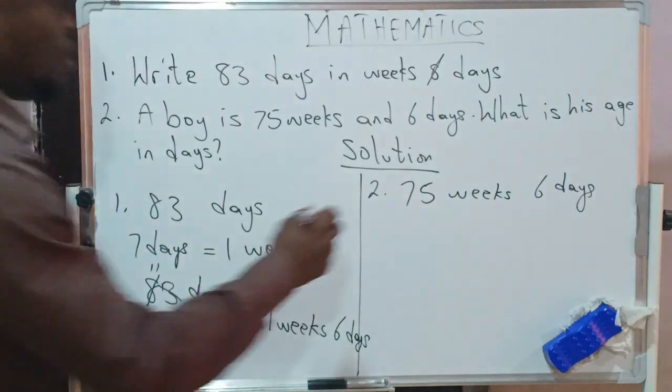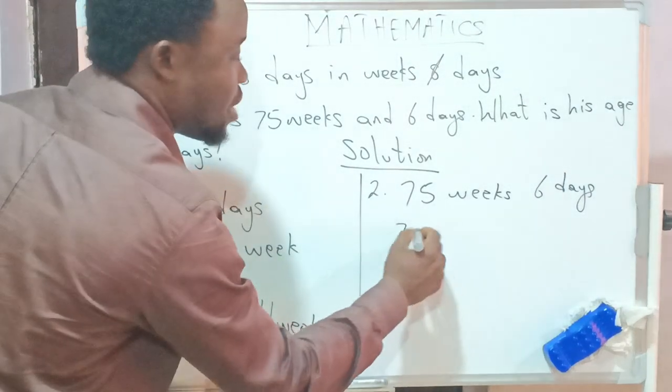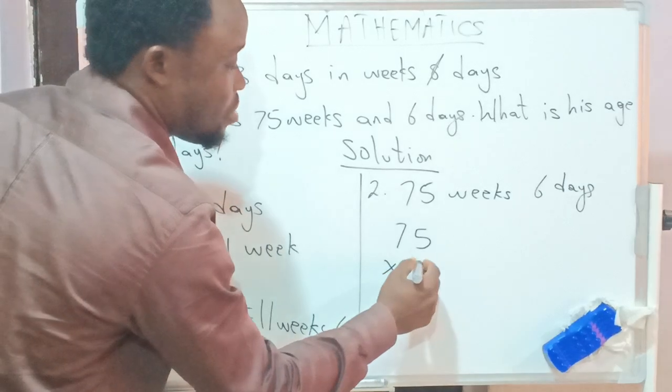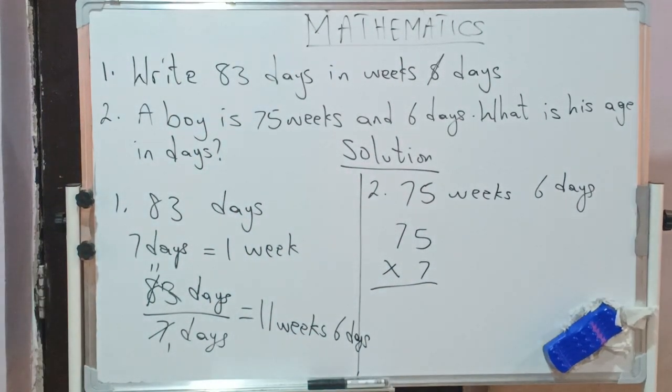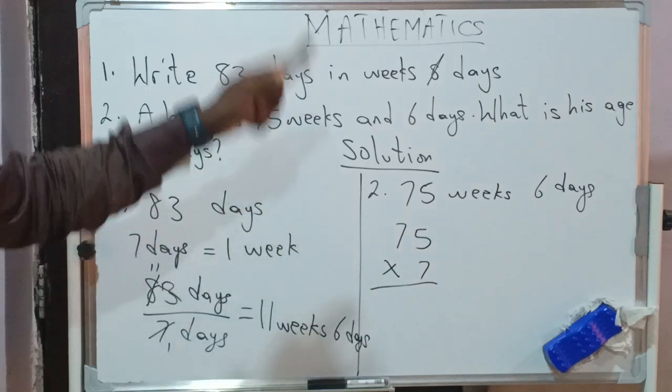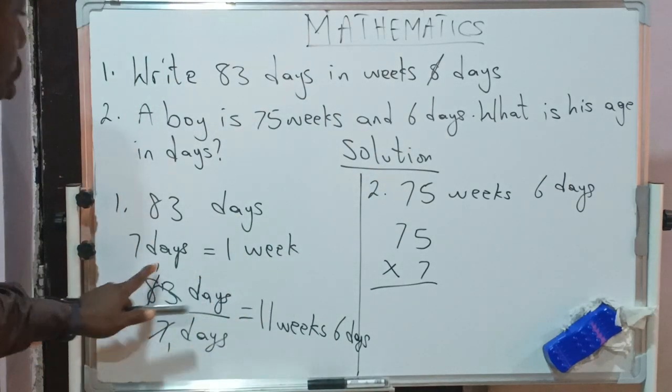Very simple. All you need to do is 75 times 7. Remember that 1 week is equal to 7 days.